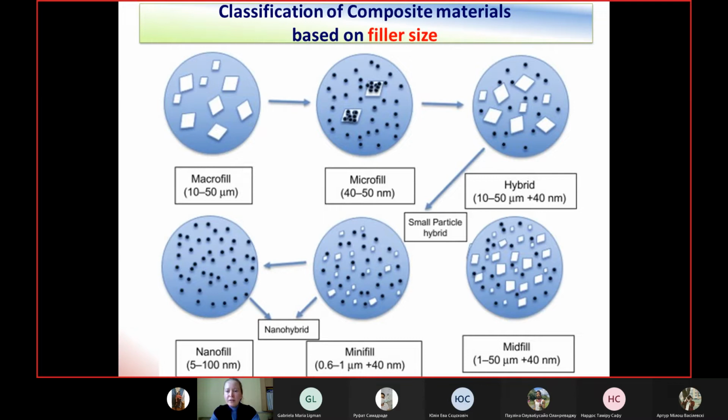And nanoparticles were introduced, and now almost all materials are nano hybrid composites. That means that they have better aesthetics, better retention. They are not so prone to polymerization shrinkage, but still polymerization shrinkage is present in resin composites.